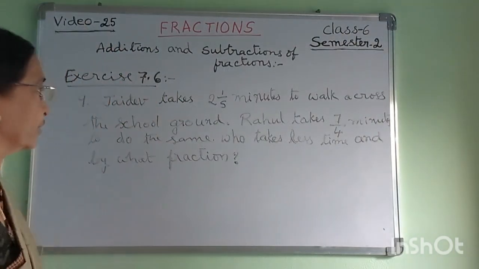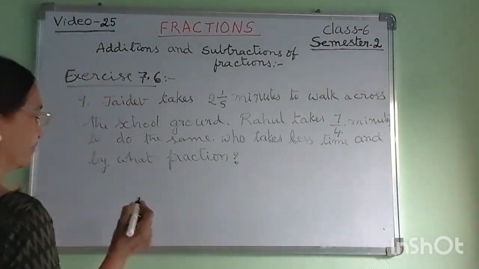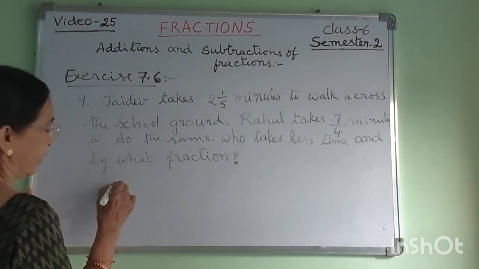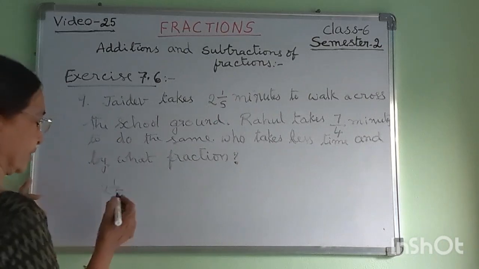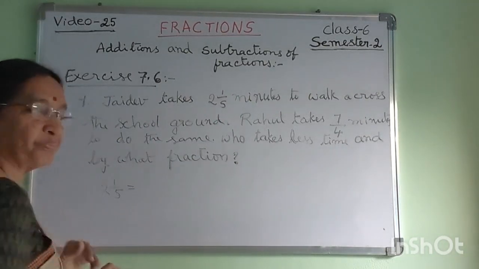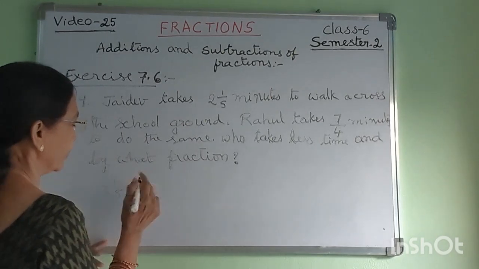Therefore, we will find out the fraction which is less. So we have to write the equivalent fractions. First, Jaidev takes 2 1/5 minutes. Converting it into an improper fraction, this is 5 2s are 10, 10 plus 1, 11/5.